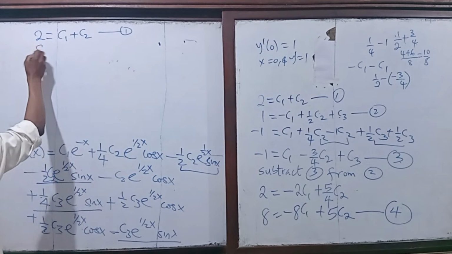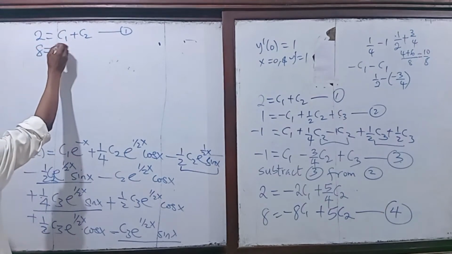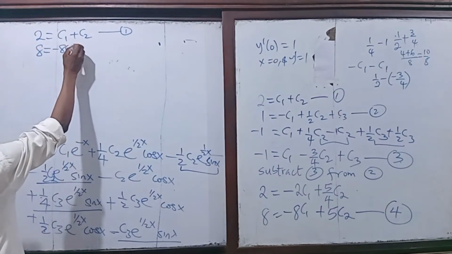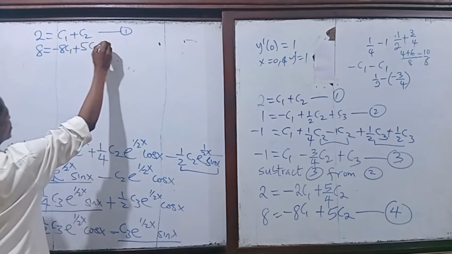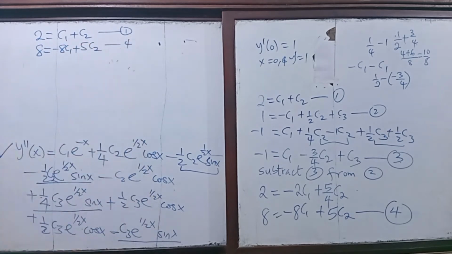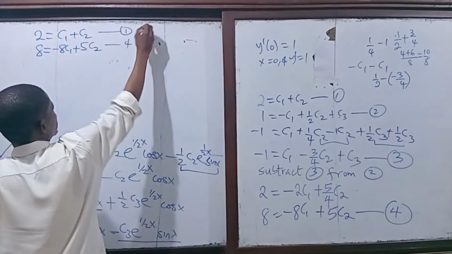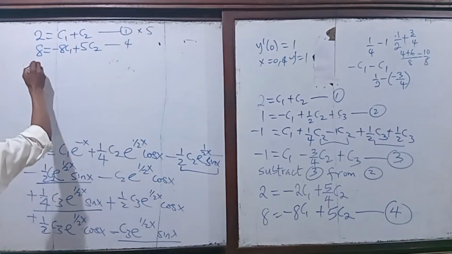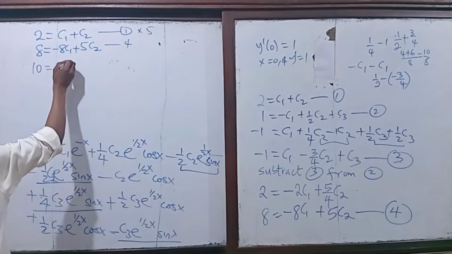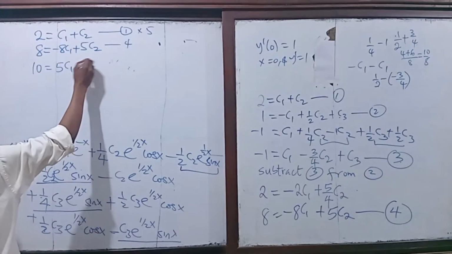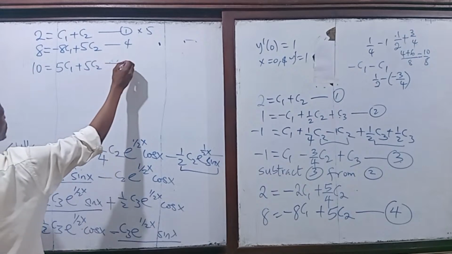And the other one is 8 equal to minus 8C1 plus 5C2, equation 4. My equation 1, I will multiply by 5 so that we can cancel C2. So times 5, I have 10 equal to 5C1 plus 5C2. Call it equation 5.